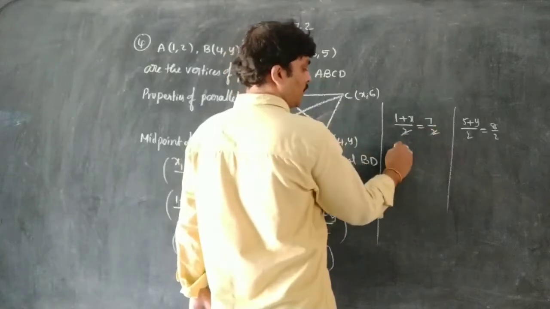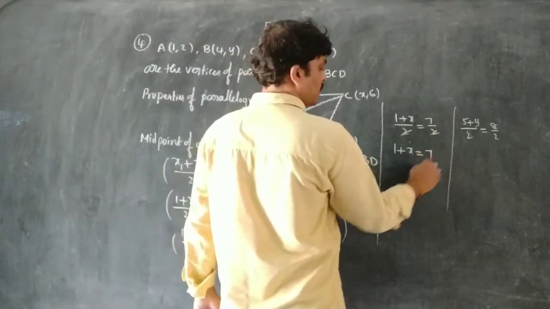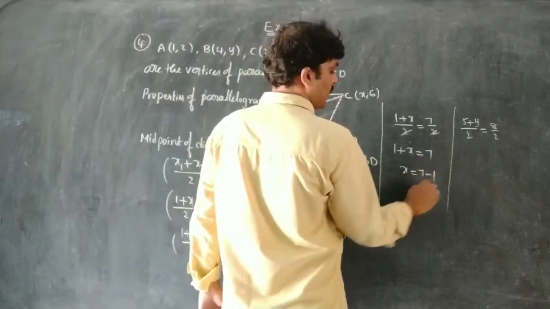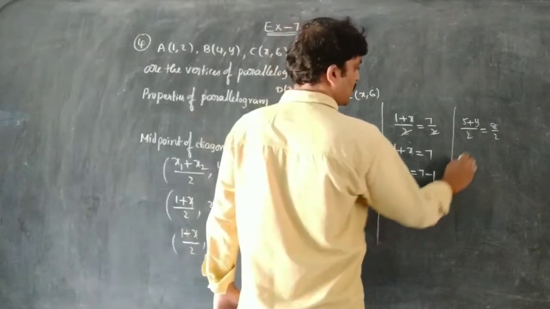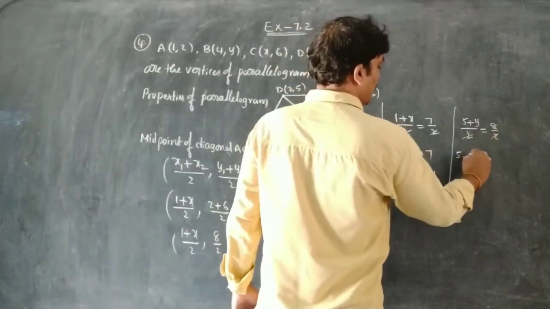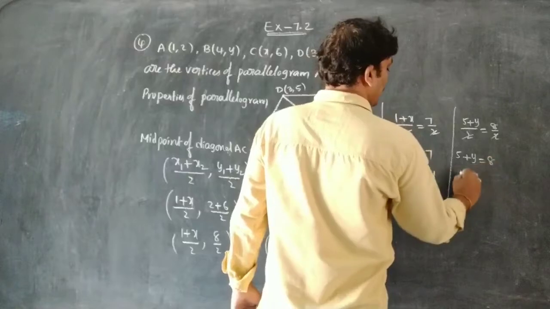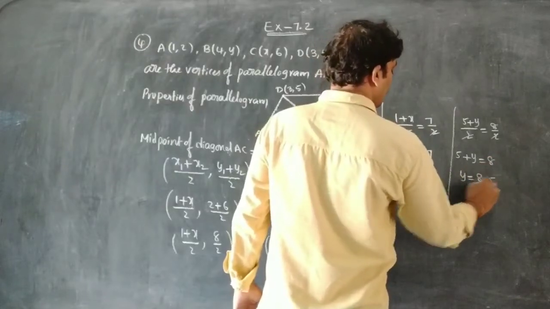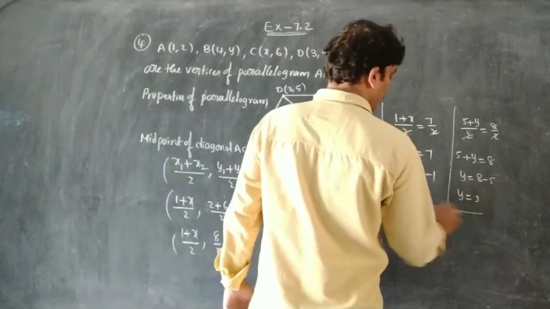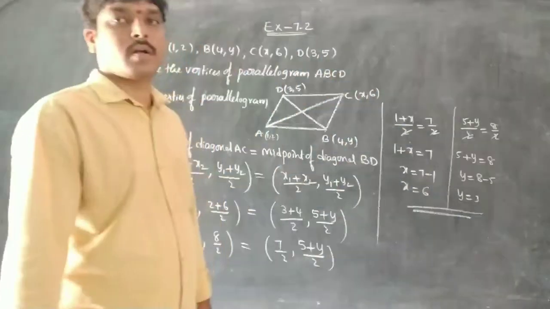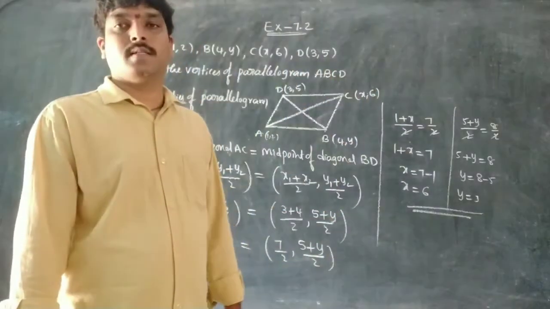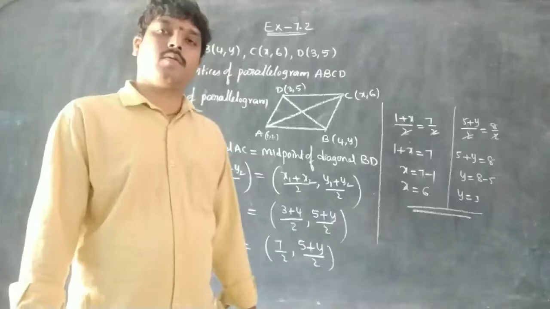Now by 2 cancel. 1 plus x is equal to 7, x is equal to 7 minus 1, x is equal to 6. Here by 2 cancel. 5 plus y is 8, y is equal to 8 minus 5, y is equal to 3. Therefore the required coordinates are x is equal to 6 and y is equal to 3.